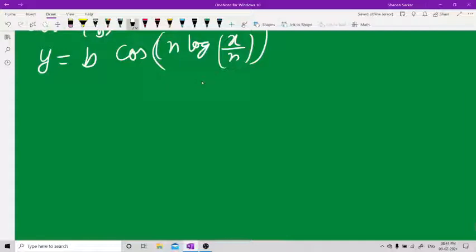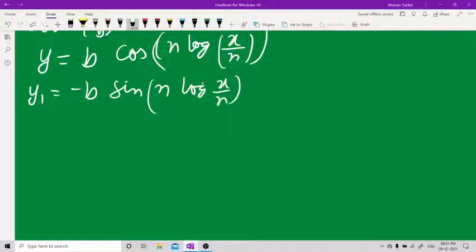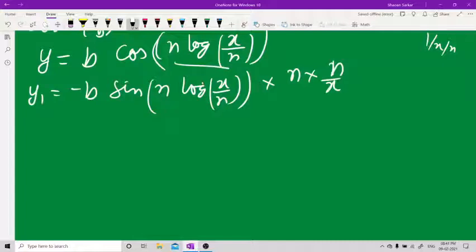Now, your first derivative is very simple. y1 is b times minus sine(n log(x/n)), then you need to multiply by the derivative of the inside, n into 1 upon (x/n), and 1 upon (x/n) is nothing but n/x. Now this one into 1 upon n, cancel this with this.